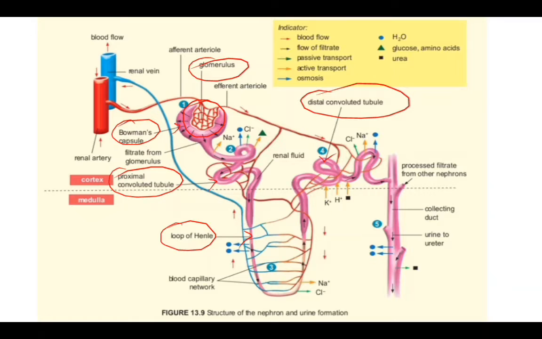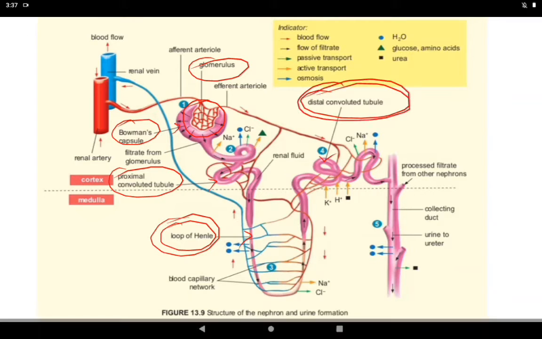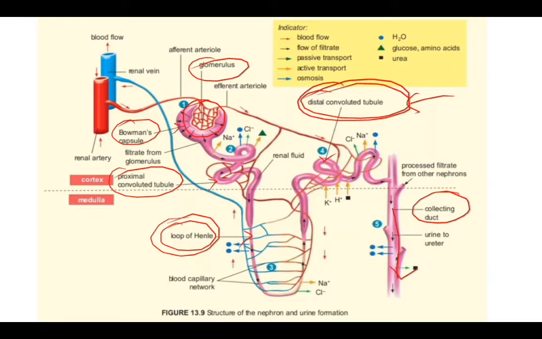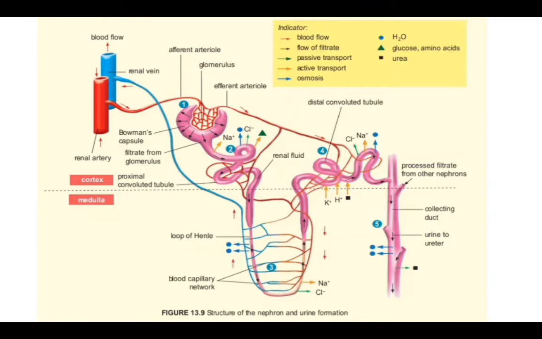So the loop of Henle di sini is a long U-shaped tubule that extends to the renal medulla, and the distal convoluted tubule, so several nephrons join together into a collecting duct. And then the produced urine will flow from the collecting duct into the ureter.